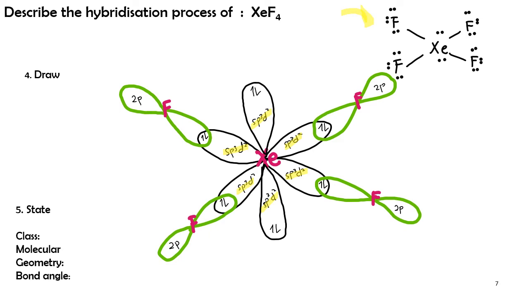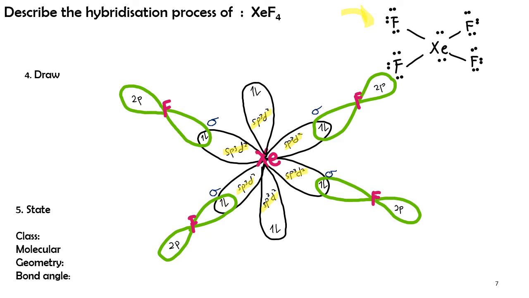And then untuk fluorine, make sure you label 2p orbital because the single electron is in 2p orbital. And when you do the overlapping, don't forget to label sigma bond. This one, 1, 2, 3, 4. So you have 4 sigma bonds.